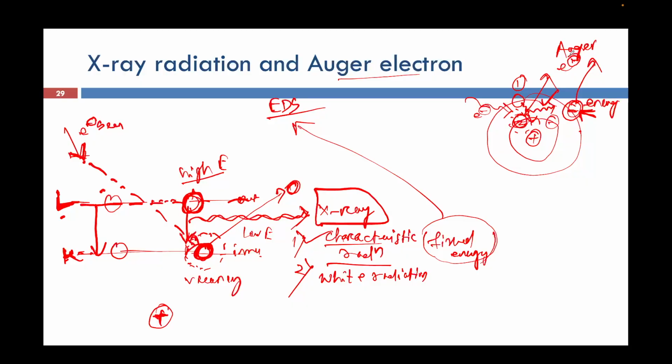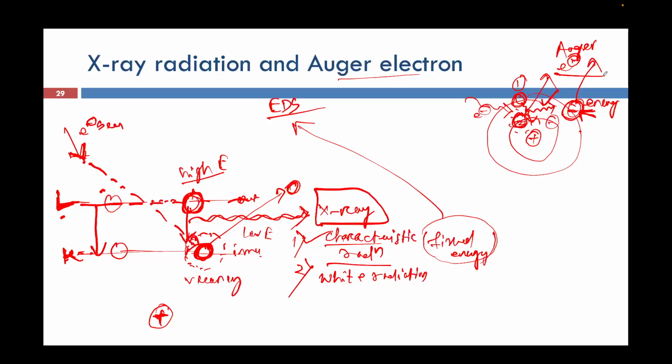So when the extra energy that came out during the jump from the L shell to, let's say, the K shell is used by another outer shell electron, which is weakly bound to the atomic nucleus, and that electron goes out, that is what is called an Auger electron. This is the definition.